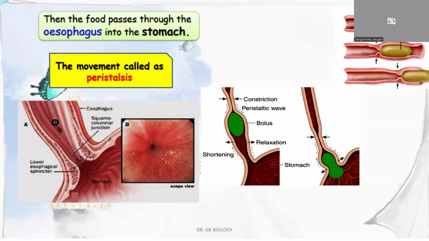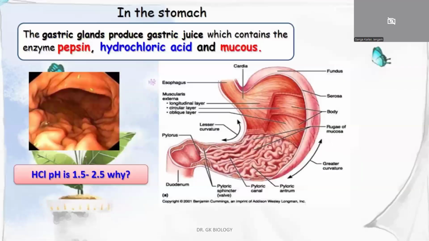Again, I'm repeating, it is the rhythmic contractions and relaxations of the walls of the esophagus. This process helps to move the food from the mouth to the stomach, and even through the small intestine and the large intestine, in all of the alimentary canal.